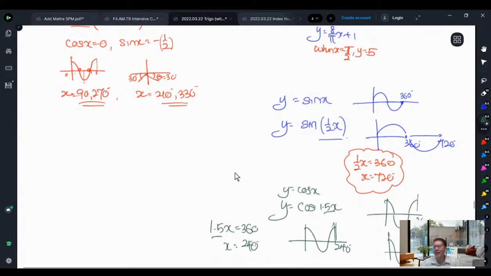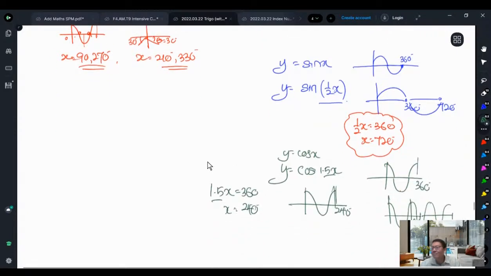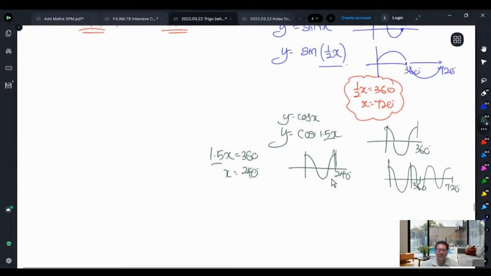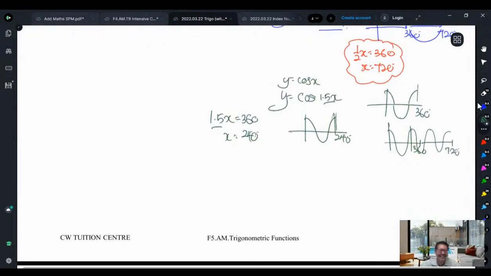How to plot the x-intercept? What do you mean by that? The cos 1. Oh, okay, I understand what you mean already. How to plot the x-intercept?